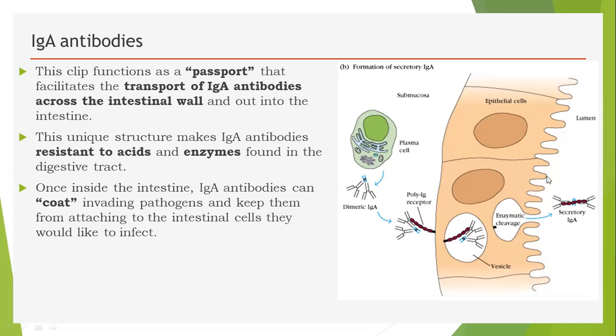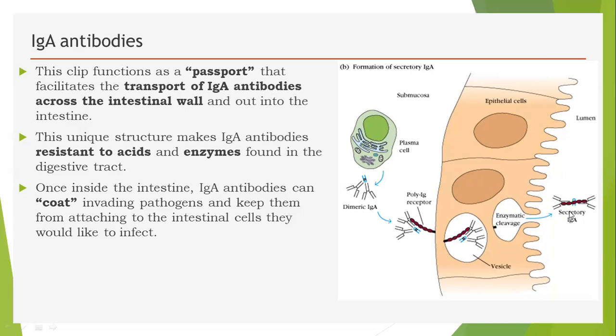And due to its flexibility and structure, it's primarily able to bind onto the surface of any invading pathogens and prevent those pathogens from infecting the lumen or the mucosa surface that is being protected in whichever part of the body.